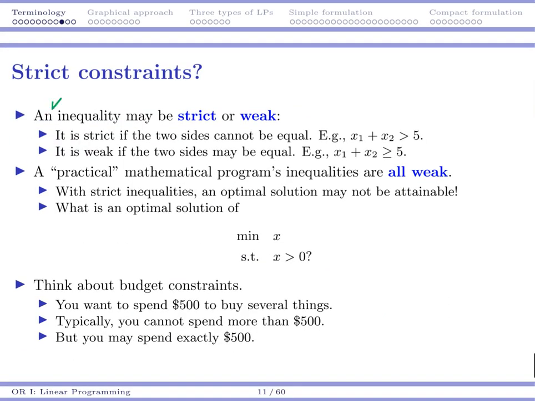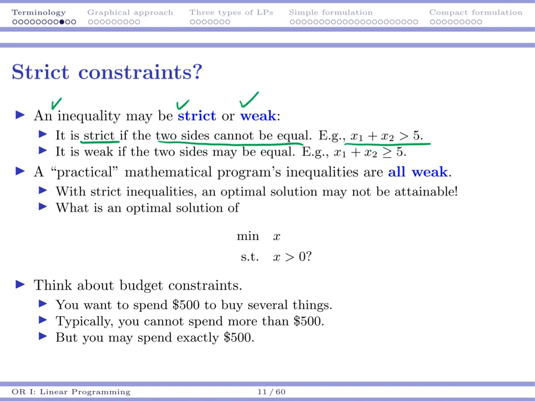We mentioned inequalities, and we all know that an inequality may be strict or weak. A strict inequality means the two sides cannot be equal, like x1 plus x2 should be greater than 5. Then (2, 3) does not satisfy this inequality because 2 plus 3 equals 5.